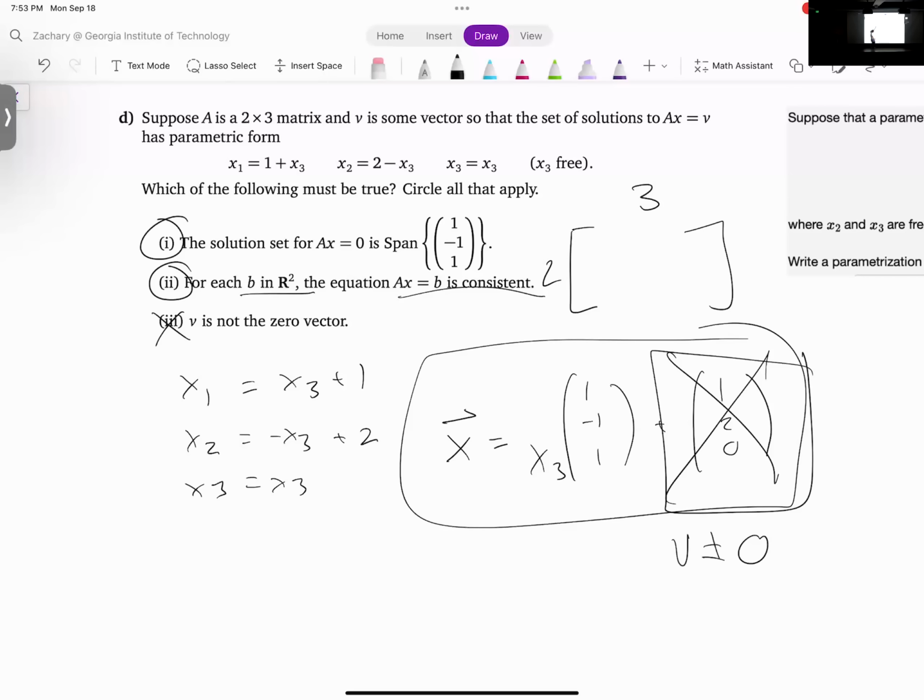So where does each B have to lie? In the column space. Exactly. So all of my B have to be in the column space. All of them have to be in the span. They are in R2. How do I cover all of R2? How many pivots? 2 pivots. Do we have that? Questions on this one still?